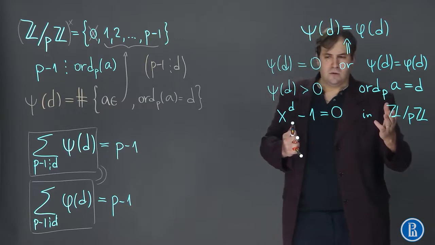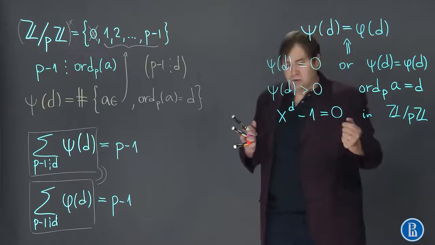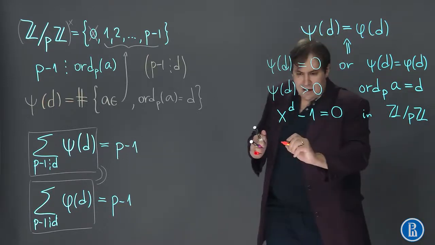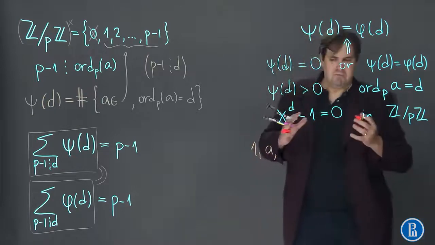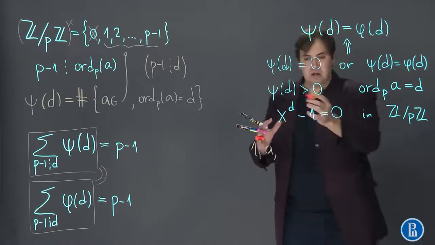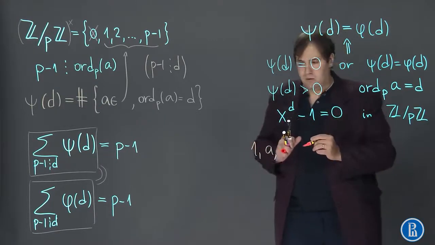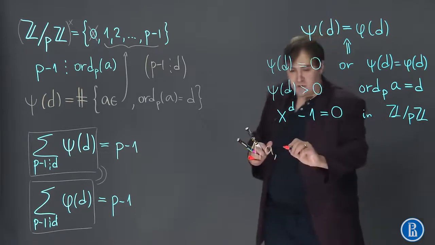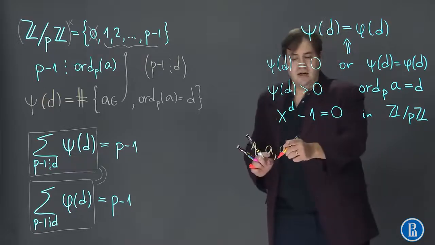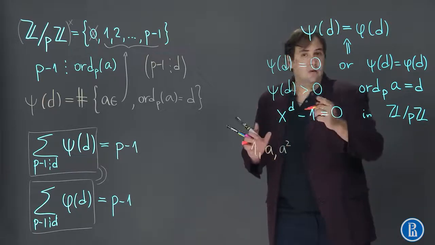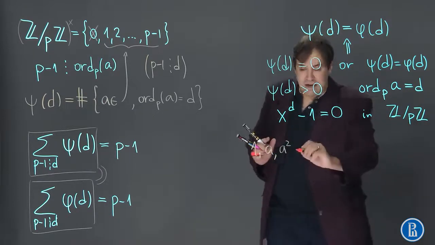Okay, so we have a. We obviously have 1 as one of the roots of this equation. So 1, a. Are there any more roots of this equation which we can right now write down? Well, of course, for instance, a squared is also a root of this equation, because a squared to the power of d is also equal to 1 modulo p, because a to the power of d is equal to 1.